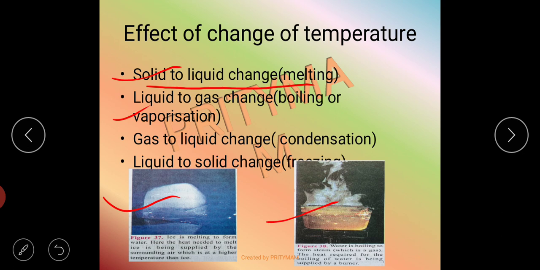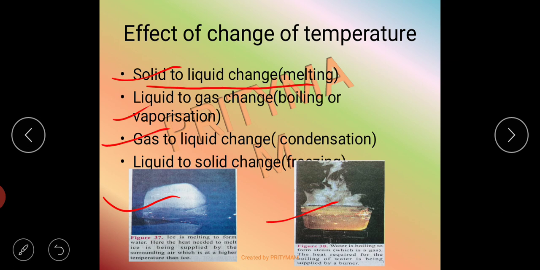When a liquid is heated, it changes its physical state and becomes gas. Now let us discuss the gas to liquid change, which is called condensation.